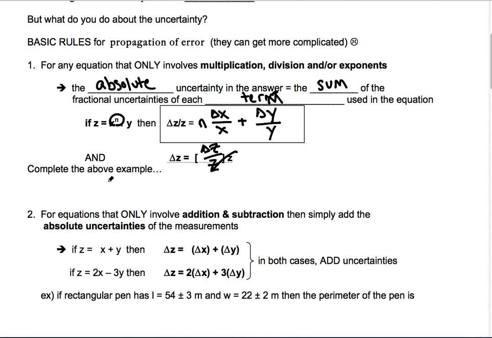So looking at the above example, if I have area equals length times width, then my fractional uncertainty in my area is going to be the change in length over L plus the uncertainty in my width divided by the width. So the fractional uncertainty in my length plus the fractional uncertainty in my width is going to be the fractional uncertainty in my area.